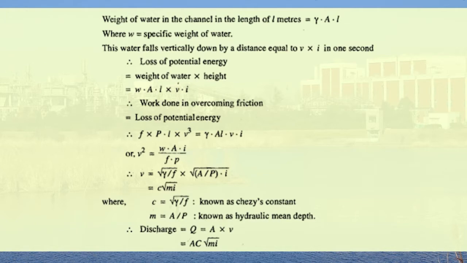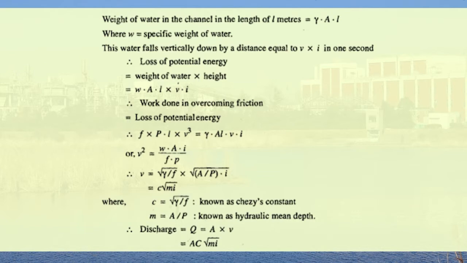So we can say loss of potential energy is equal to weight of water into height, which is gamma into A into l into V into i. Therefore, work done in overcoming friction is equal to loss of potential energy, then F into P into l into V cube is equal to gamma A l V into i.